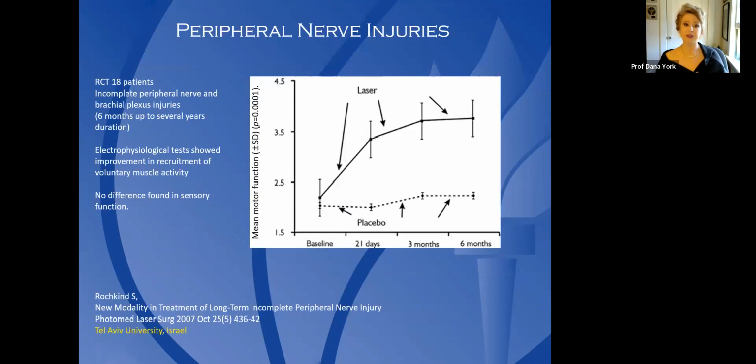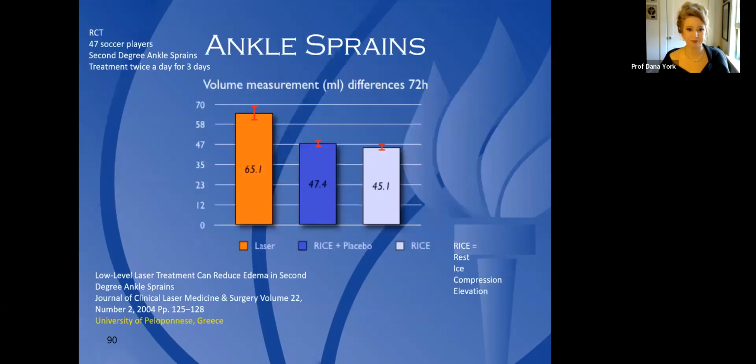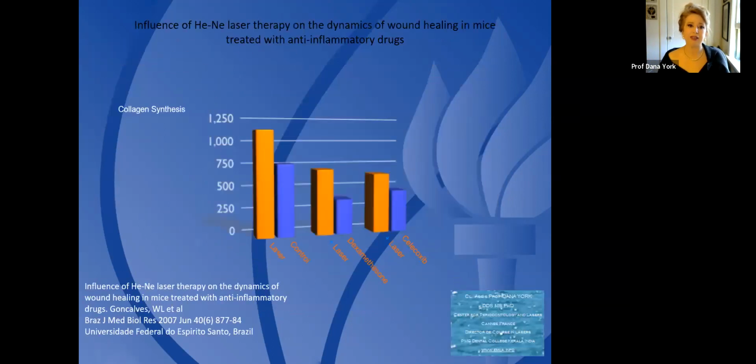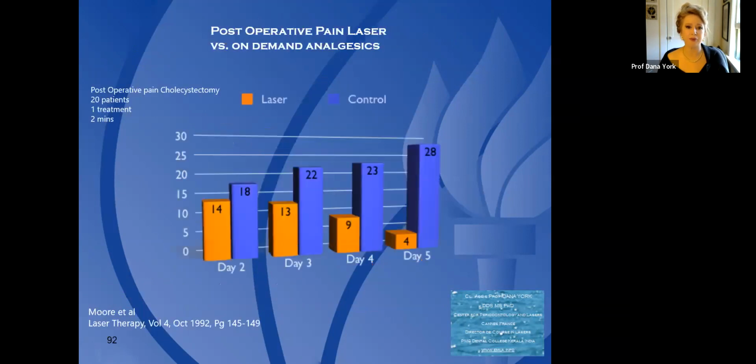Peripheral nerve injuries have the benefit of laser therapy. Ankle sprains, anti-inflammatory drugs, in the use of helium neon laser, we found a benefit in the laser treated group.